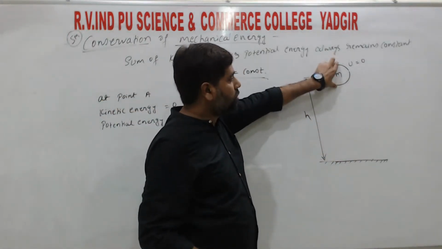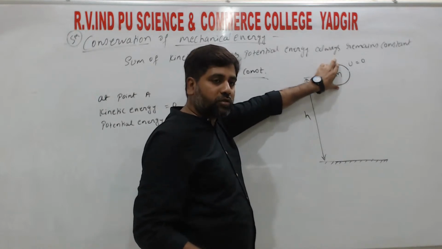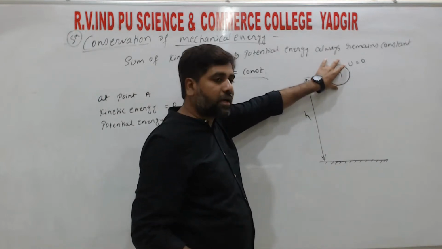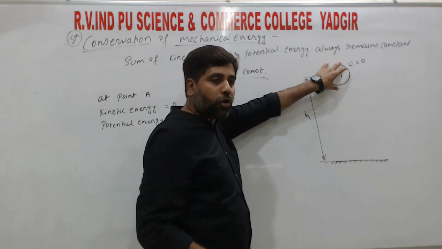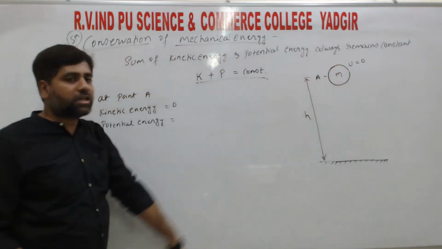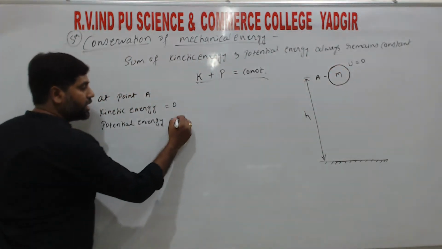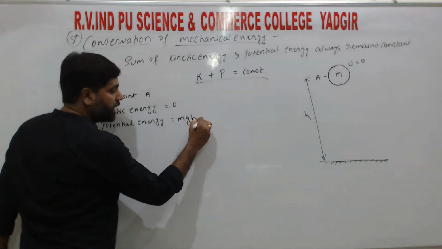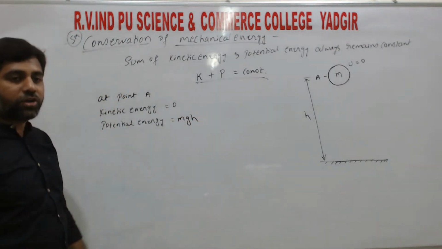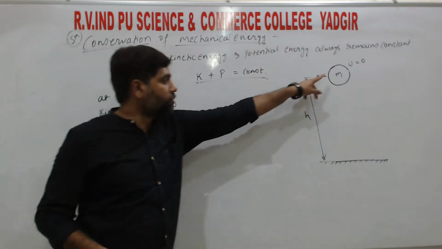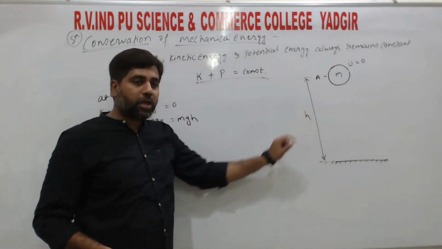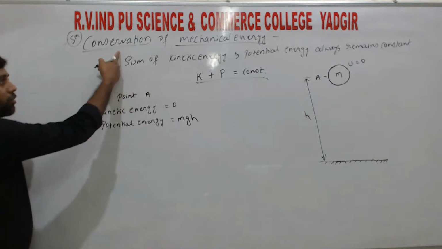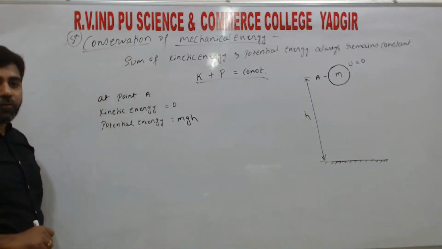So here the gravitational force is acting on this object, so the work done by the gravitational force is stored as potential energy, right? So the potential energy at point A we can write as mgh, where g is the acceleration due to gravity, m is the mass of the object and h is the height of the object. So we are going to prove the conservation of mechanical energy.